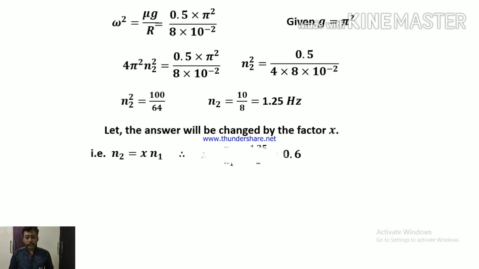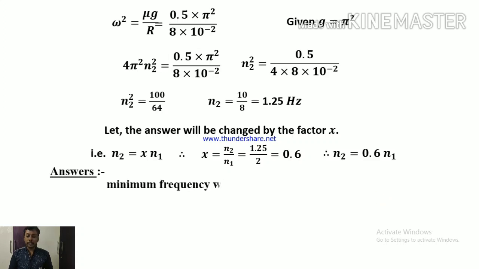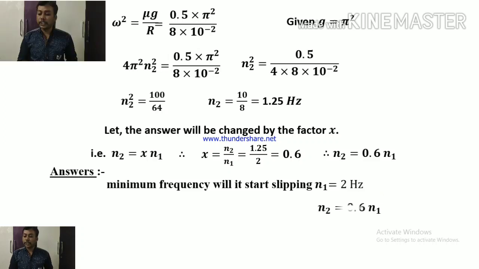Now x is equal to n2 upon n1, that is 1.25 upon 2, that is 0.6, and from this we get n2 is equal to 0.6 n1. So the answers are: first, the minimum frequency at which it starts slipping is n1 is equal to 2 hertz, and n2 is equal to 0.6 n1.